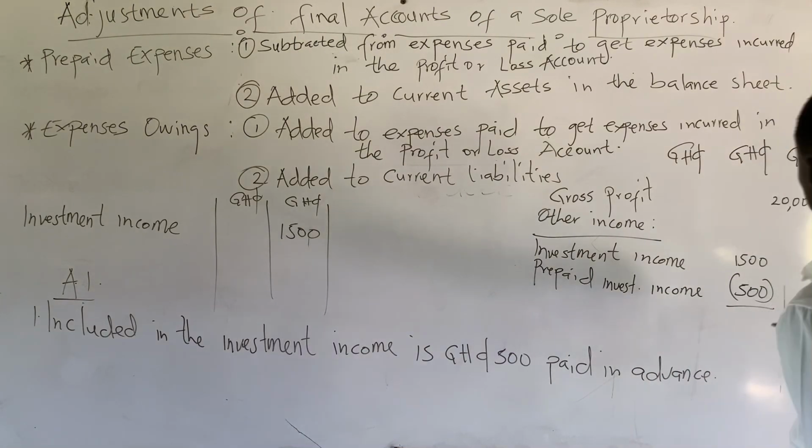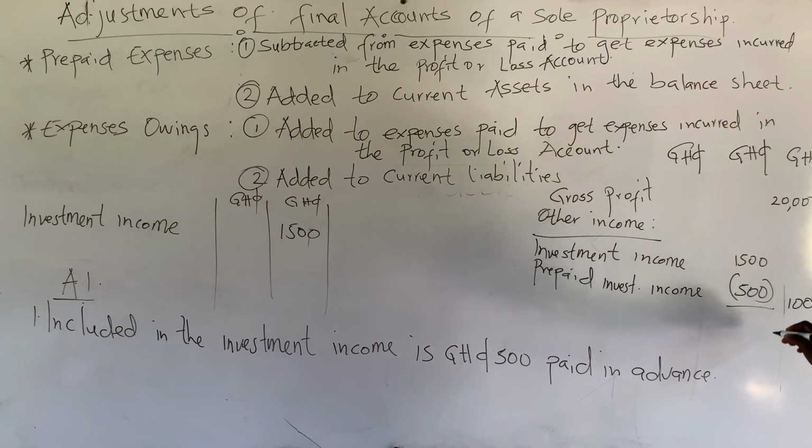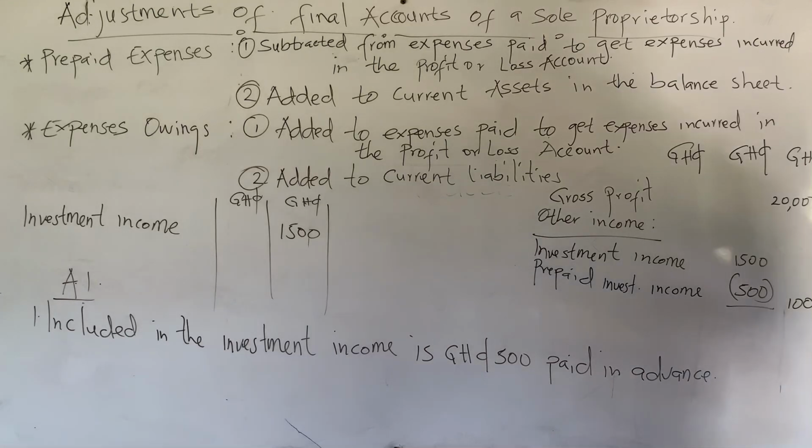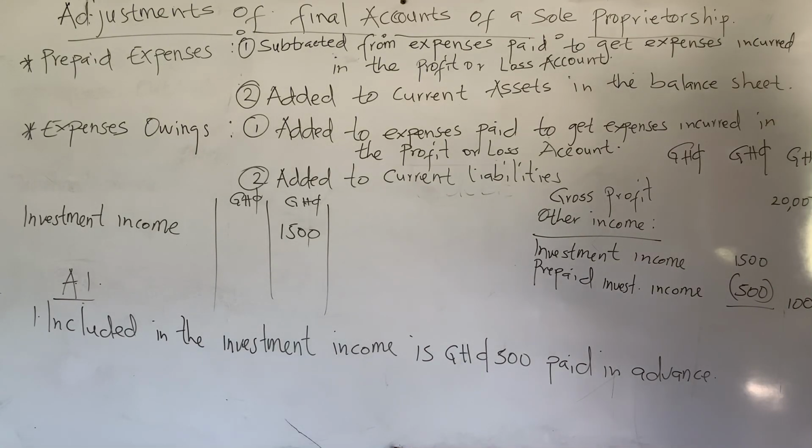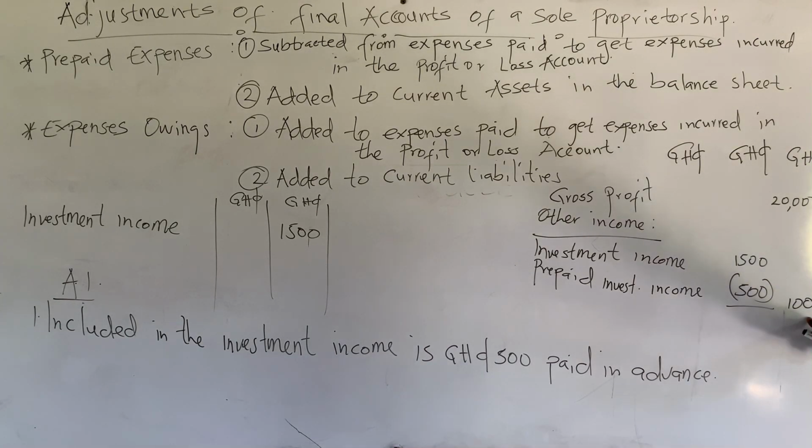So we take it out to get 1,000 cedis, which is the investment income earned. So this 1,000 cedis is the one that relates to the accounting period in question, and this is the one that will be added to the gross profit.